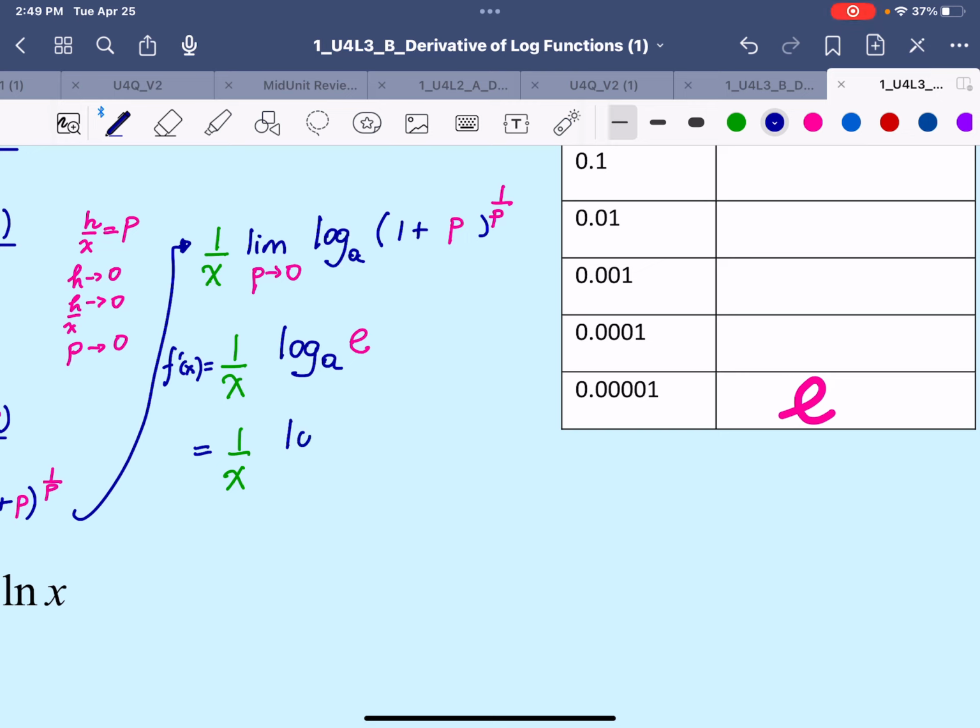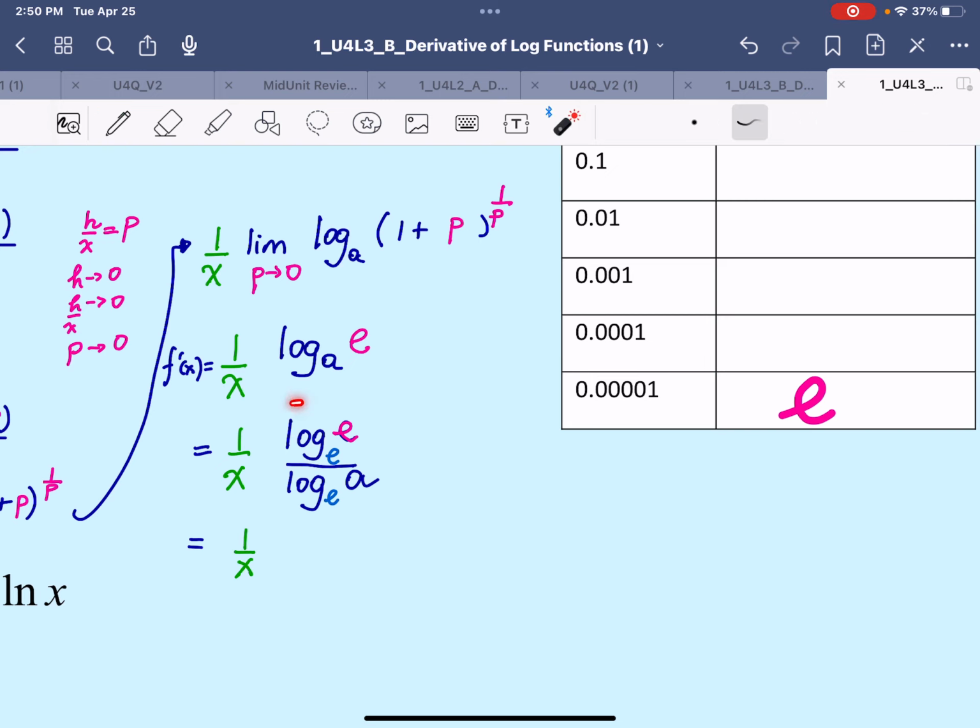So the change of base formula allows us to split the base and the argument and write it in fraction form as log of e over log of a, as long as we provide the same base to both numerator and denominator. So the base that we are choosing in this case would be the base e. So that would be equal to, again, we have 1 over x.